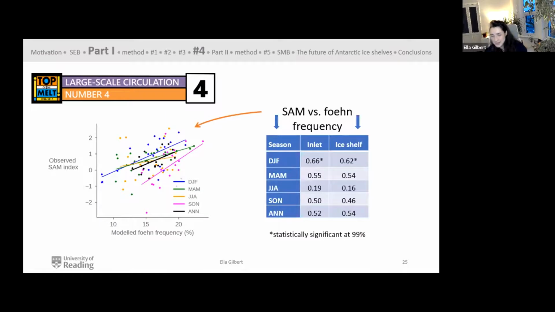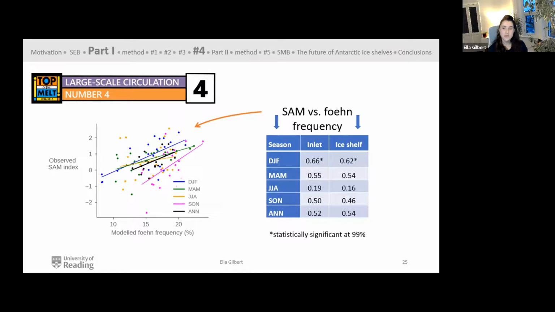Or we can actually go one step better and directly look at the relationships between them. So here we've got some correlations between observed SAM index and modelled Foehn occurrence. The table shows you some Pearson correlation coefficients between those 2 variables, and the chart is a more visual way of thinking about that.